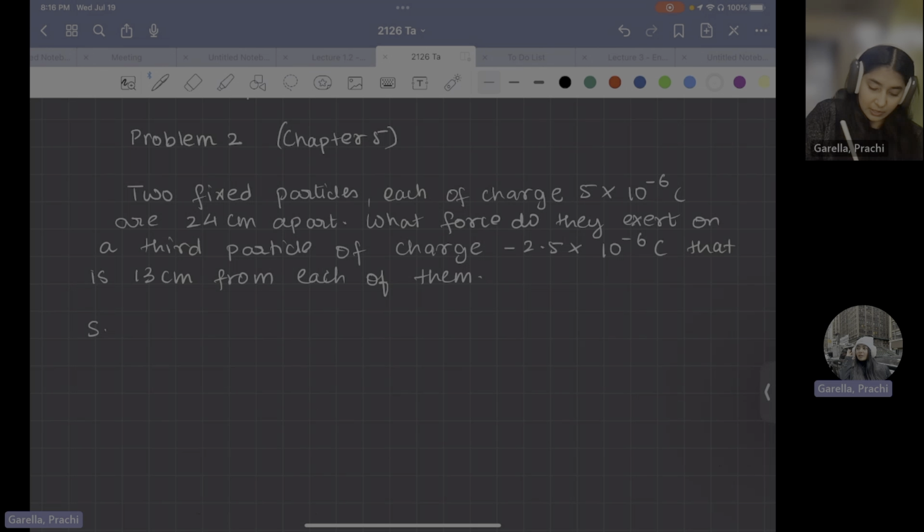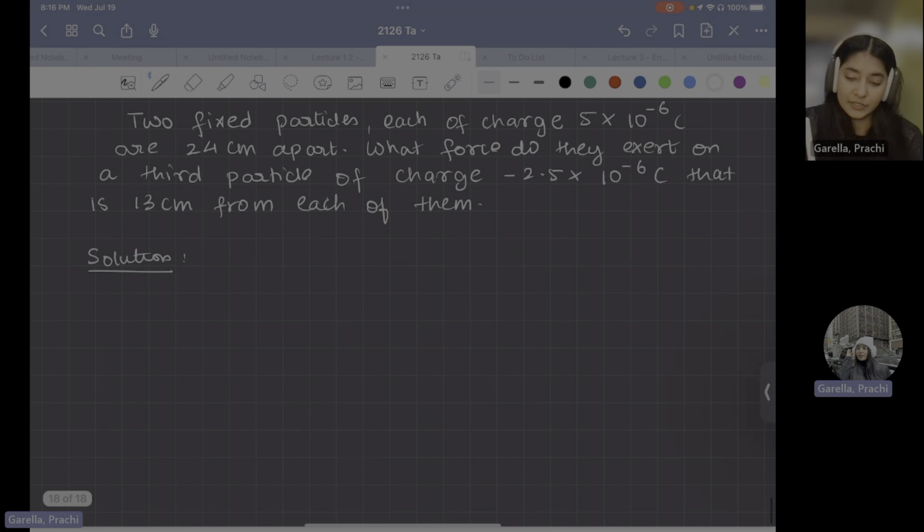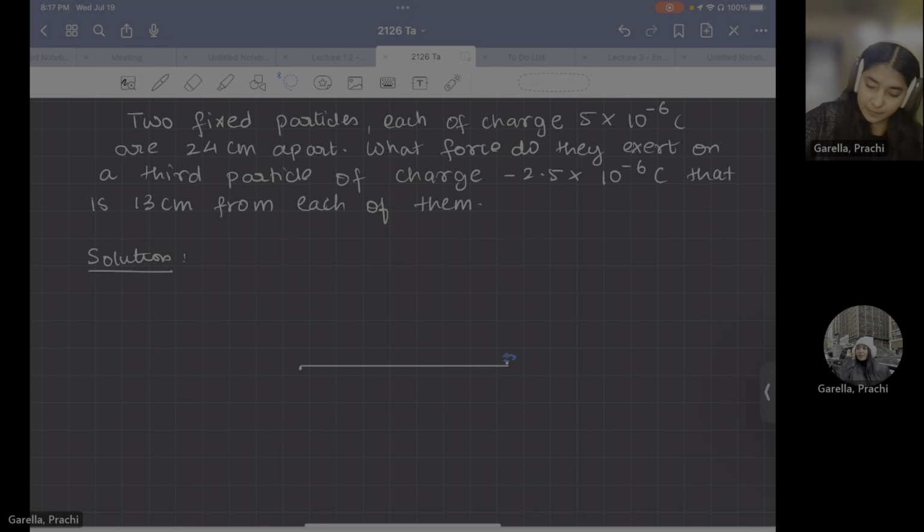So the solution is, let's just start with picturing how this setup looks. We assume that the two charges are apart in the following way, and this is 24 centimeters.